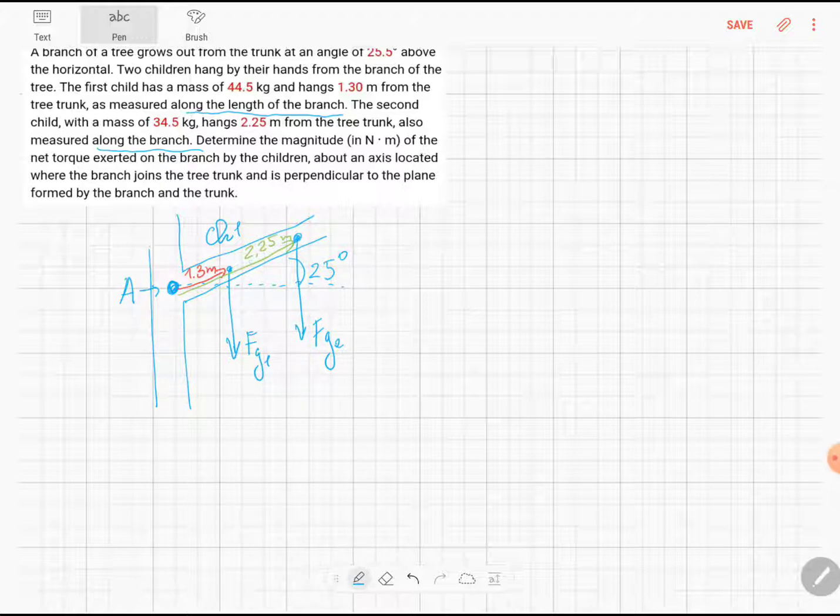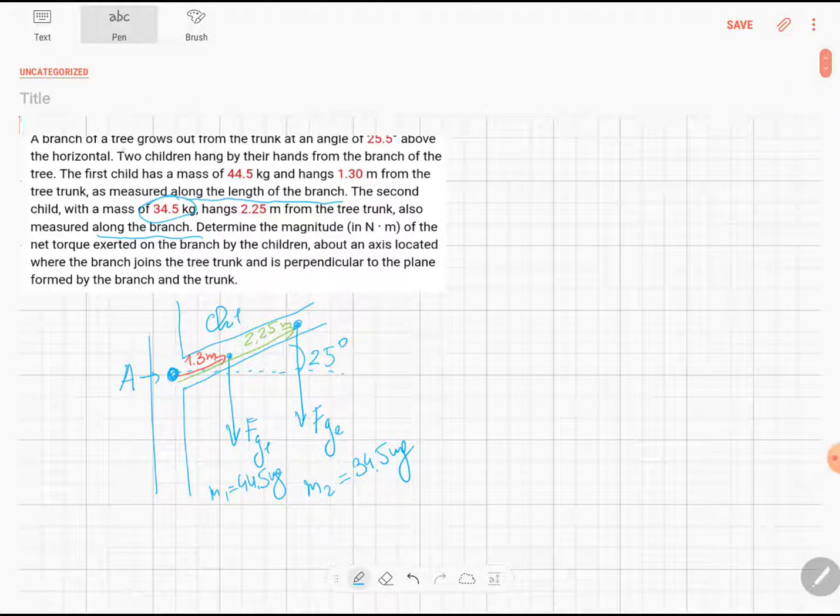This side is 2.25 meters away, and the mass of this child M2 is 34.5 kilograms. The mass of the first child is 44.5 kilograms.